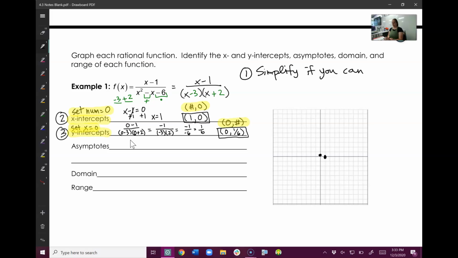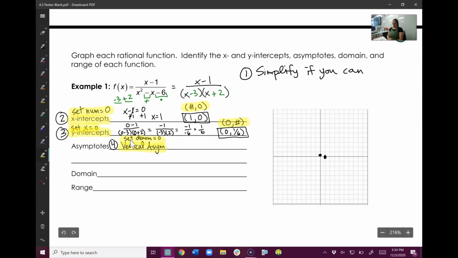Check. Step 4 is your vertical asymptotes. I'm going to shorten that. To find a vertical asymptote, you set the denominator equal to 0.